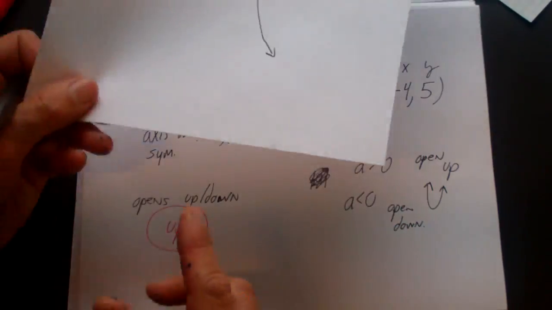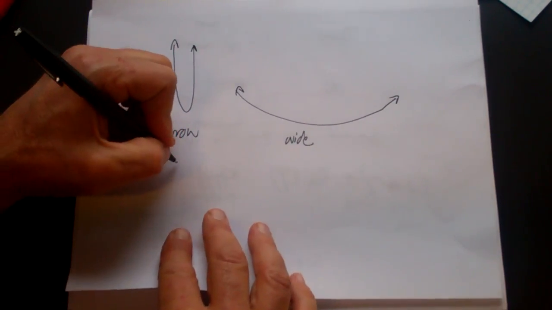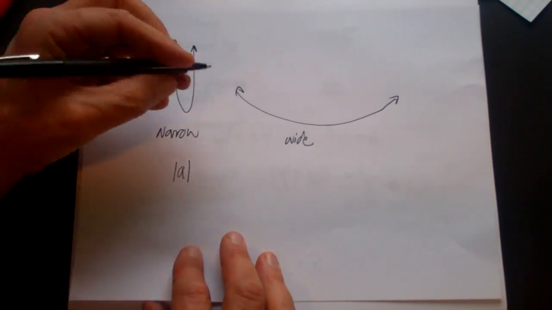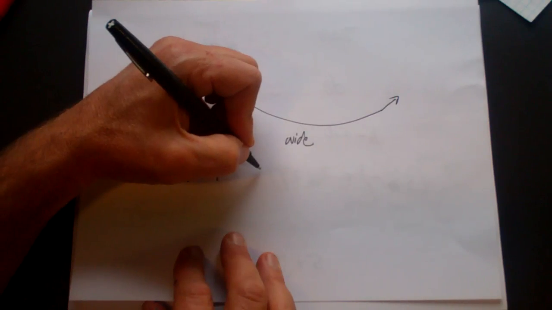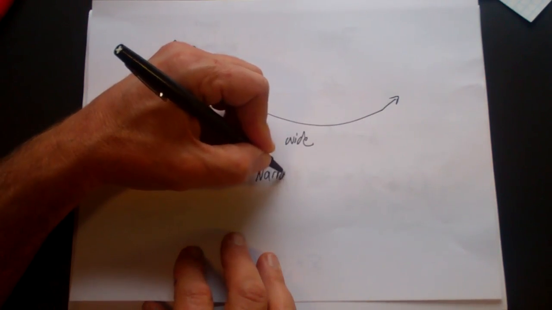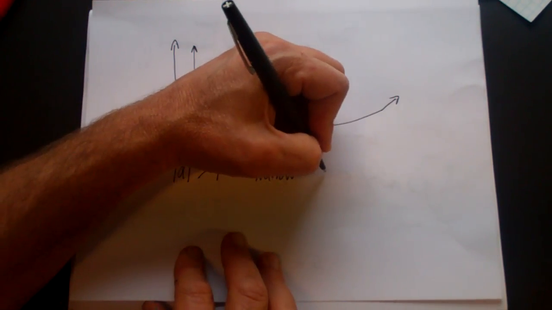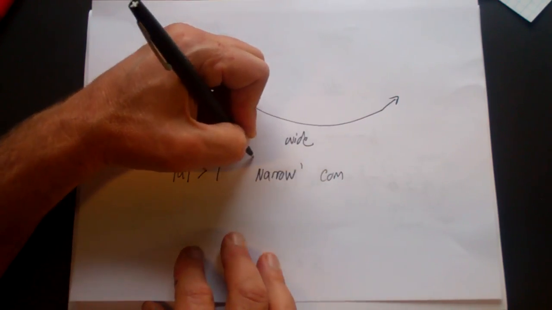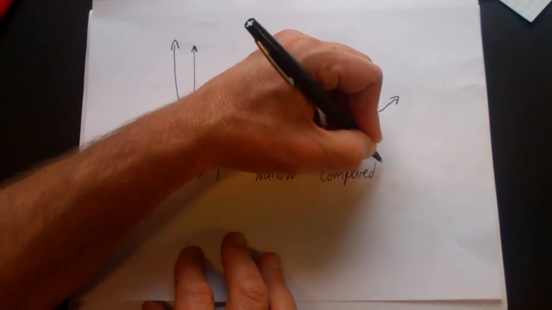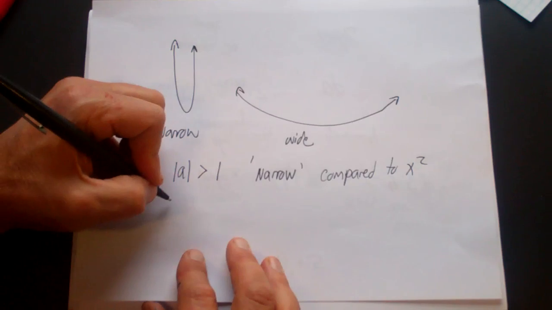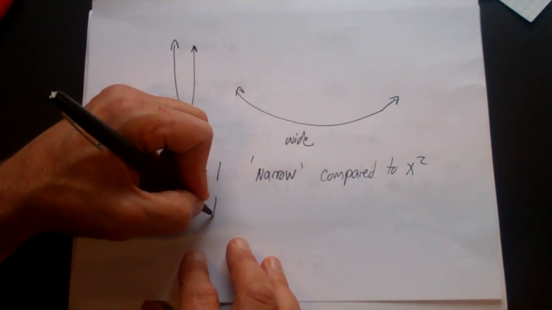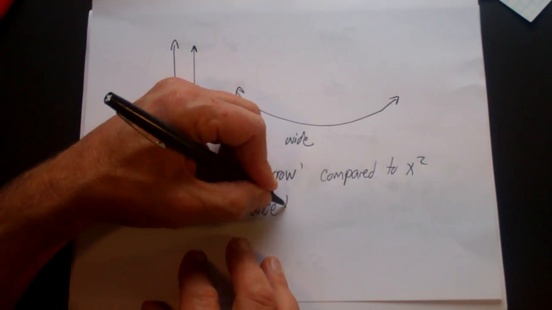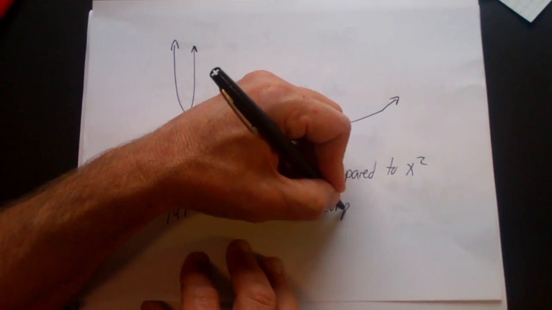And the rule is fairly straightforward. The rule has to do with the absolute value of a. If the absolute value of a is greater than 1, then it's going to be narrow, at least compared to x squared. And if the absolute value of a is less than 1, then it's going to be wide compared to x squared.